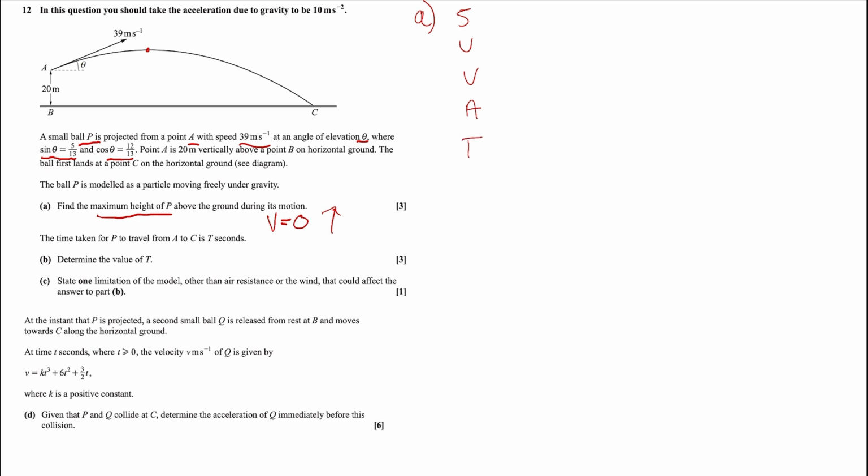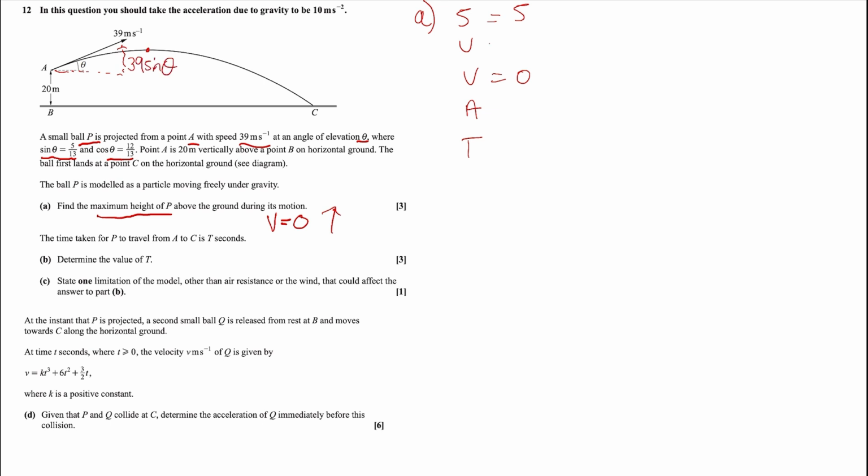Okay, so what do we know? Well, we know we're looking for when V equals 0. We want to know the height, which is the displacement. Do we know the initial velocity? Yes, we do. If I resolve this triangle here, I get that the vertical thing is 39 sine theta.